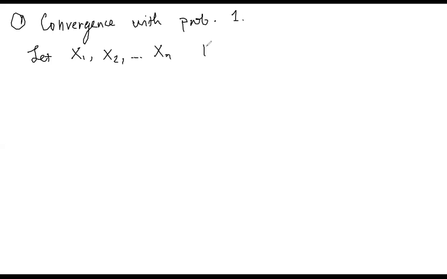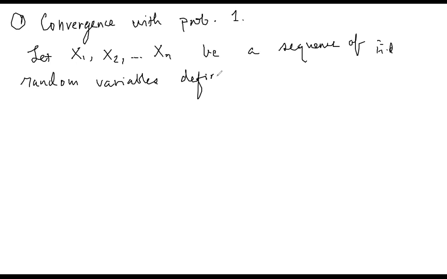Okay, convergence with probability 1. Okay, so let X1, X2, Xn be a sequence of independent and identically distributed random variables, defined on, so you need your probability space, right?